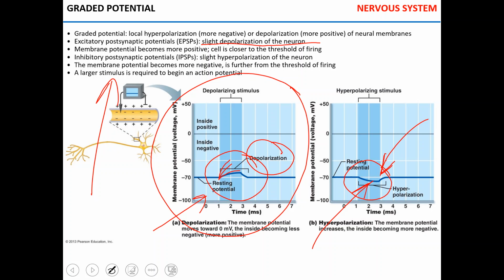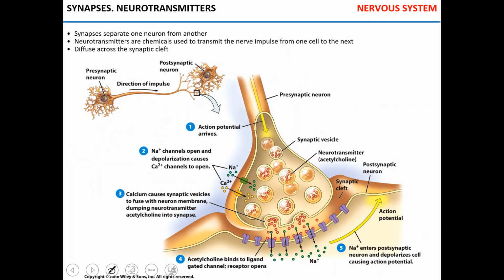In either case, depolarization is the change of the membrane potential towards being more positive, while hyperpolarization is the change of the membrane potential which makes the membrane potential more negative. Okay, so a depolarizing stimulus is an excitatory stimulus, while a hyperpolarizing stimulus is inhibitory.